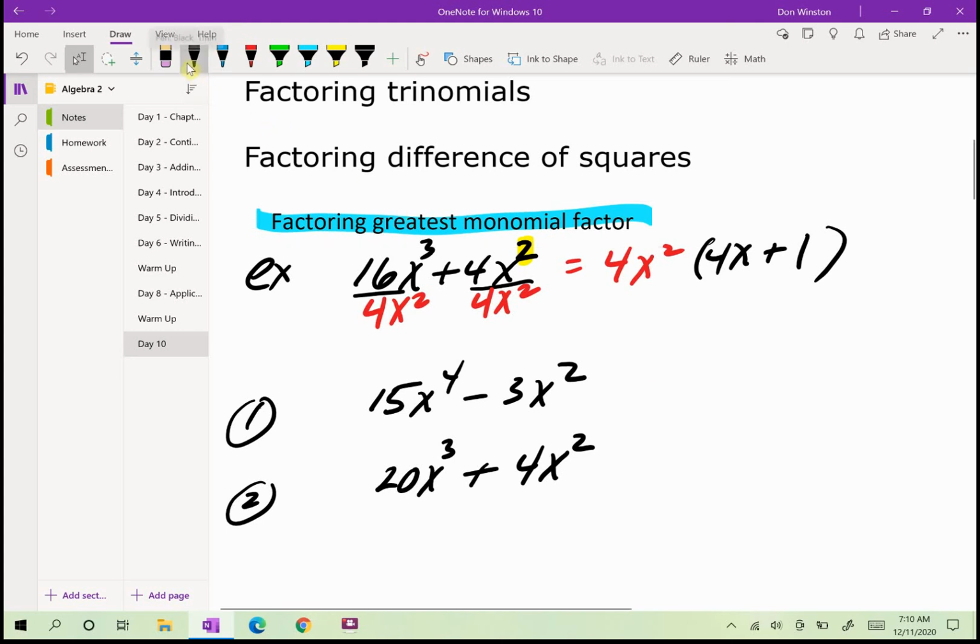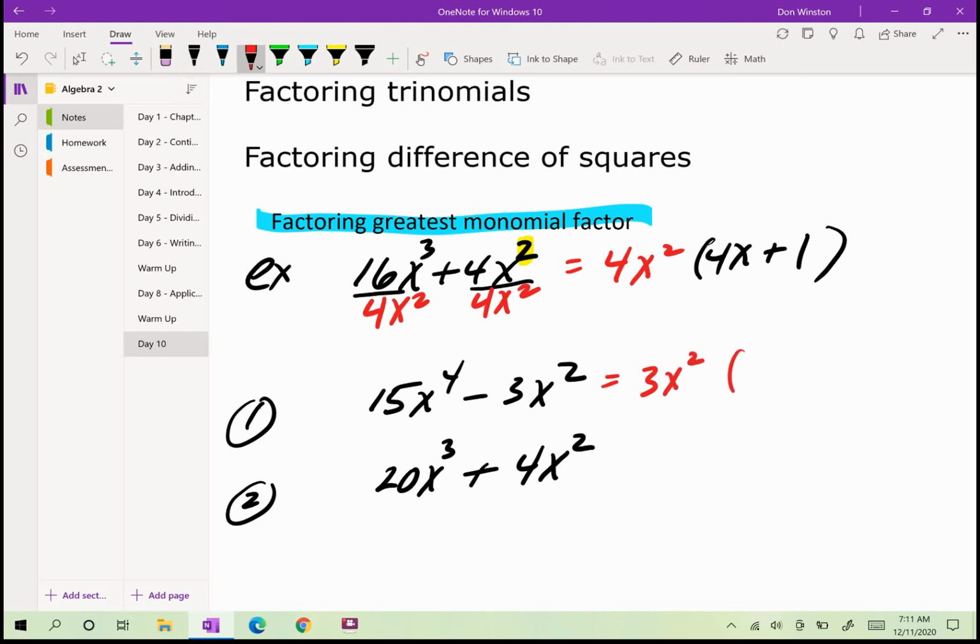Okay, you should have gotten, for the greatest monomial factor of 15x to the fourth and 3x squared, I can divide 3 into both 15 and 3, and I can divide x squared into both x to the fourth and x squared. So my greatest monomial factor will be 3x squared.